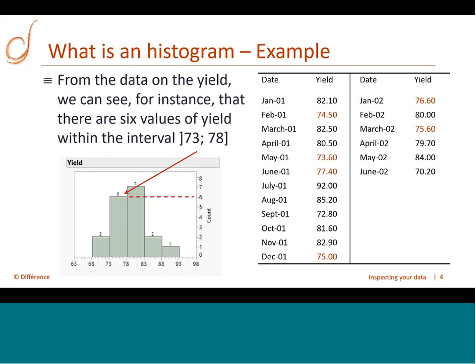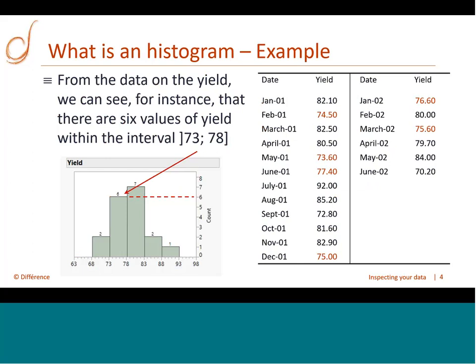On the left side at the bottom, what you have is the histogram of those values. On the x-axis, you can see those are the yield values, and they are separated by intervals that have a range of 5. So for example, from 68 to 73, and then 73 to 78.